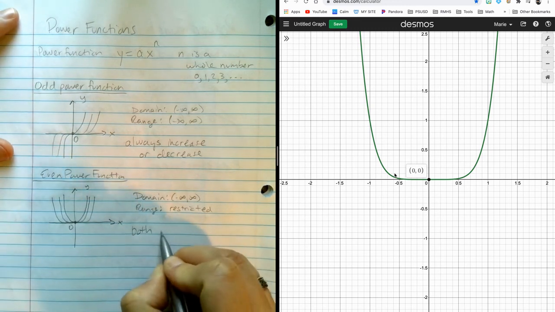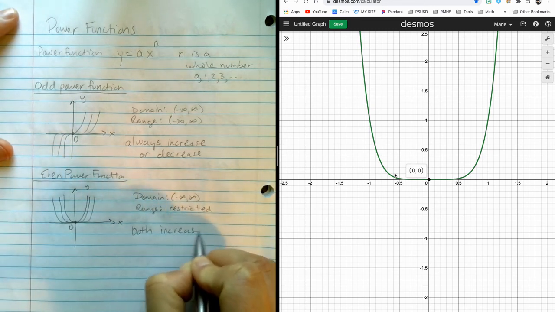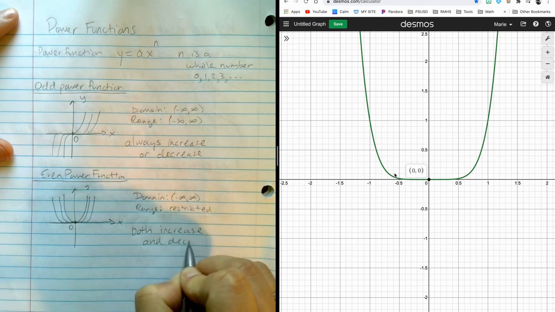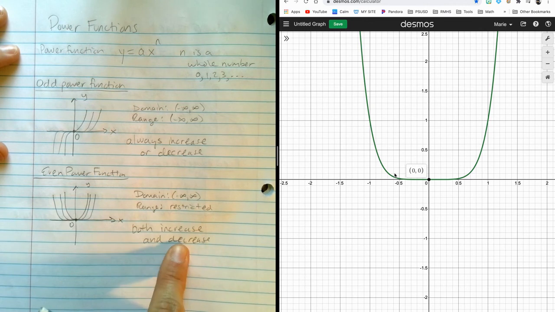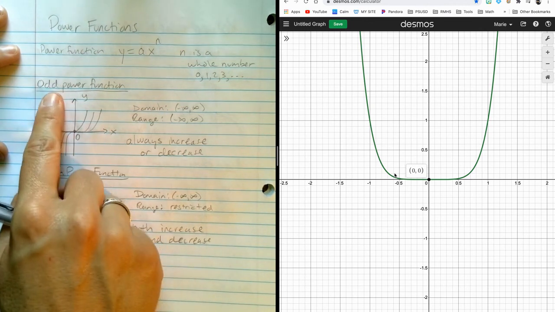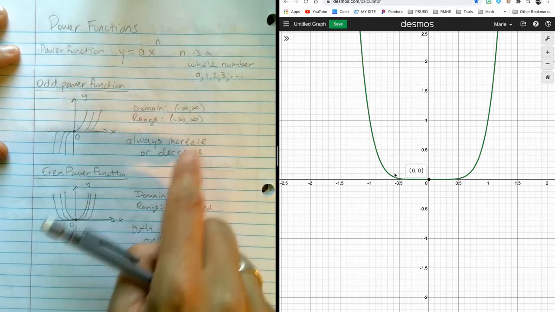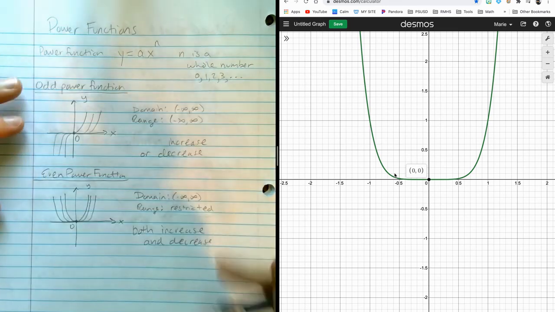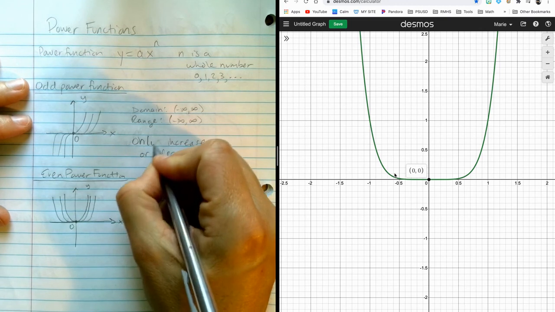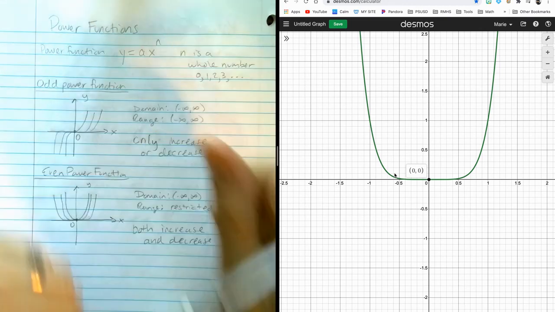So even power functions behave both ways, increase and decrease, but odd power functions will only do one of those. So actually, instead of saying always, let's rewrite it and say only. It will only increase or decrease.